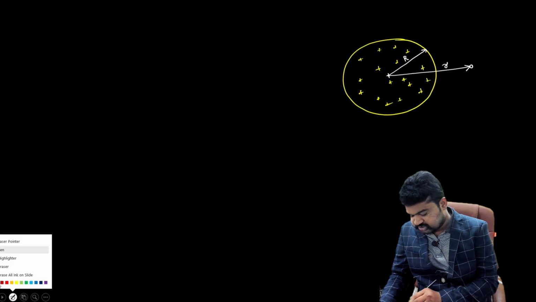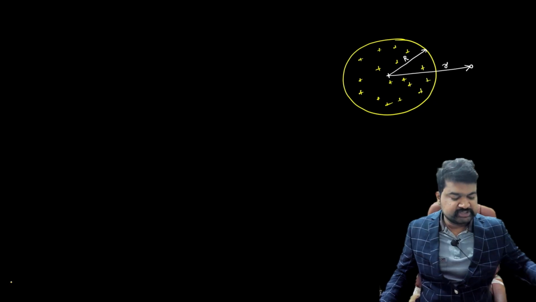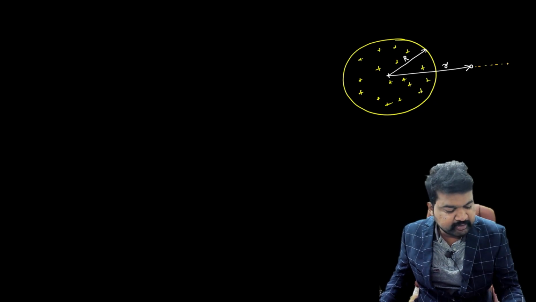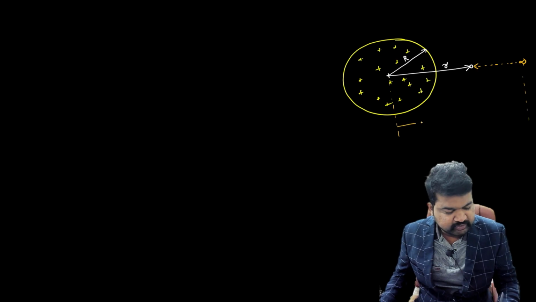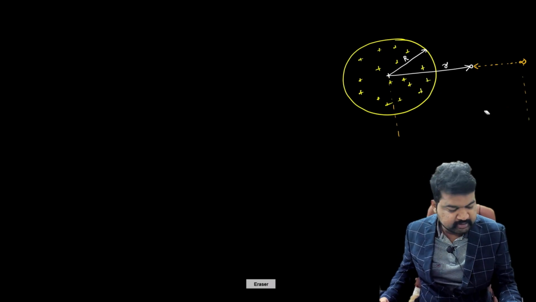Now we need to bring the unit positive charge from infinite distance to this point, from infinity to here. So we need to apply the boundary conditions from infinity to r.